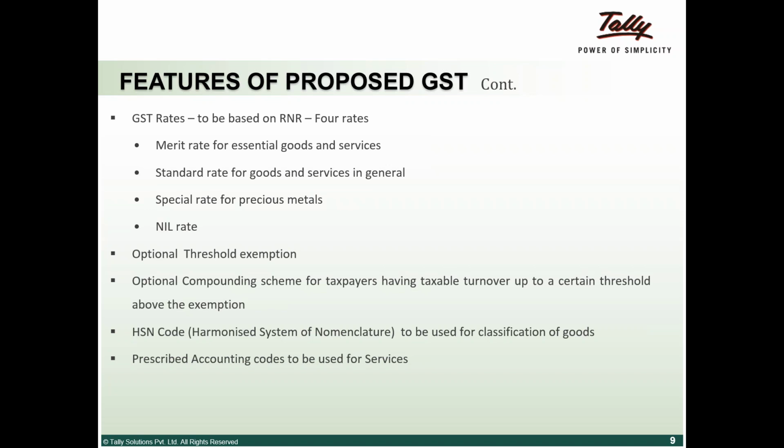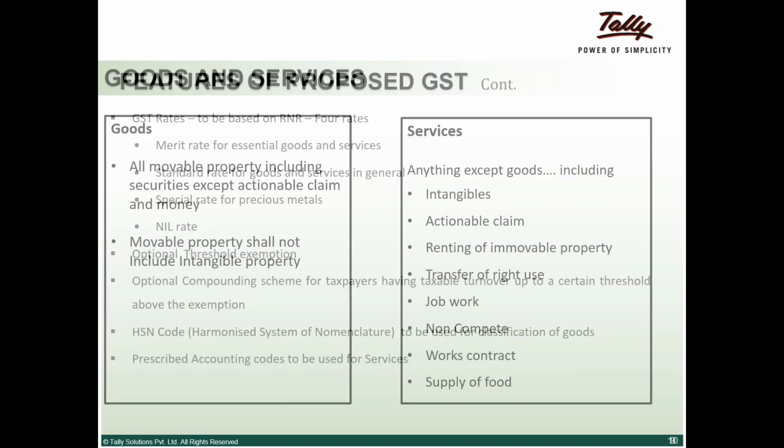It is basically to make it easier for the government or the department to work on analytics, where they can tell that for HSN code number XYZ, so much was consumed, so much was sold, and things of the sort. So HSN is mandatory in the proposed GST.